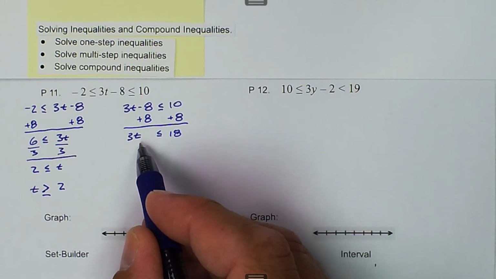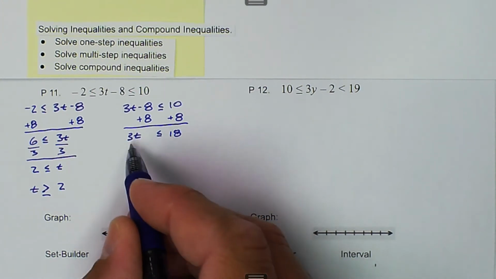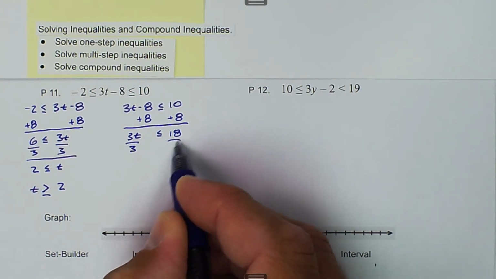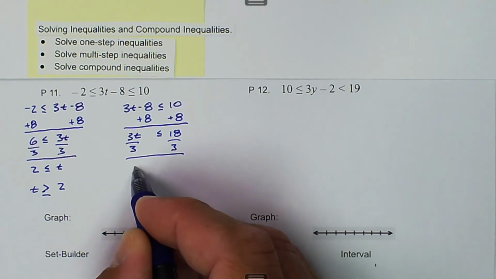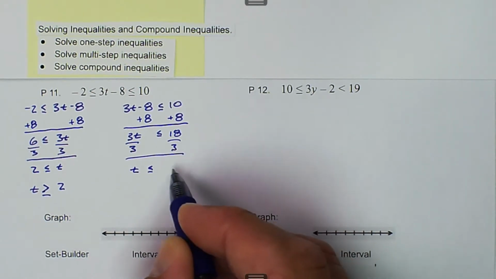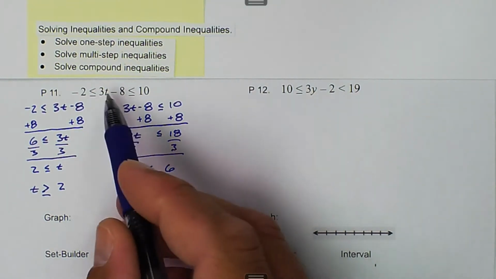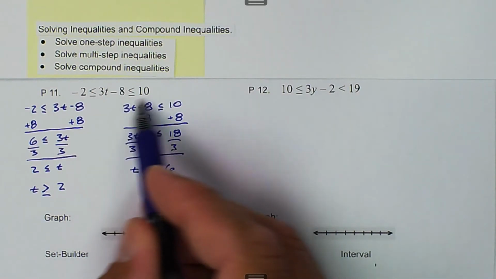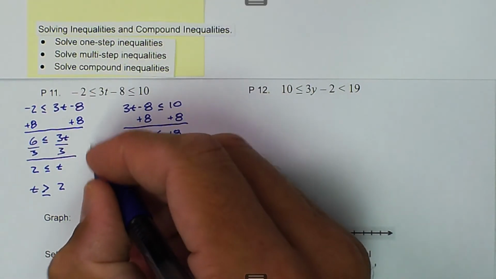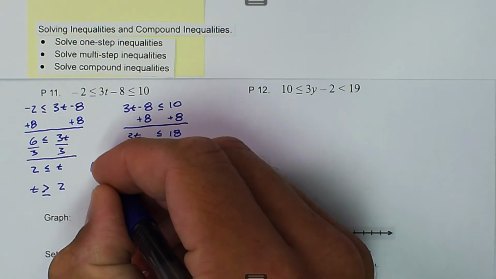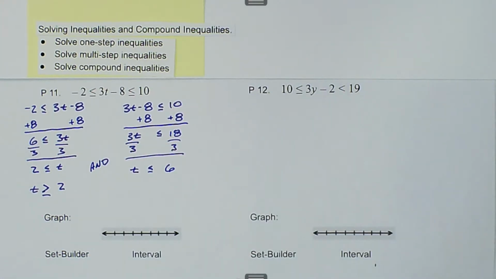Now we have 3t and 18, so I can divide both sides by 3, and then we get t is less than or equal to 6. If we have a compound inequality written like this, this means and. So it has to be in both.